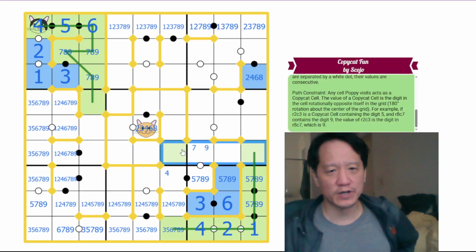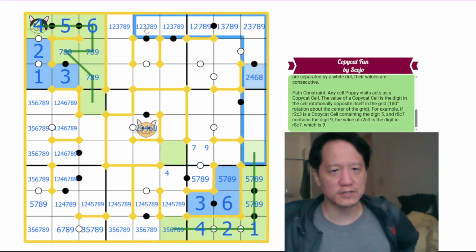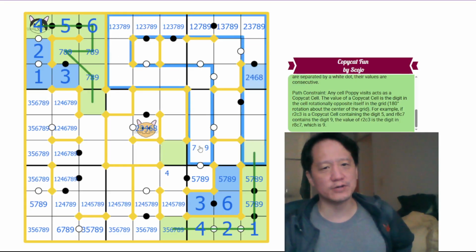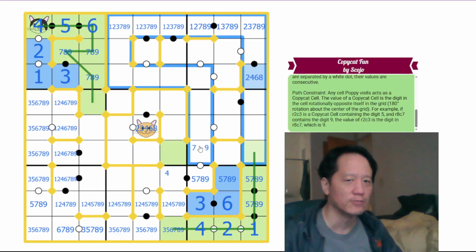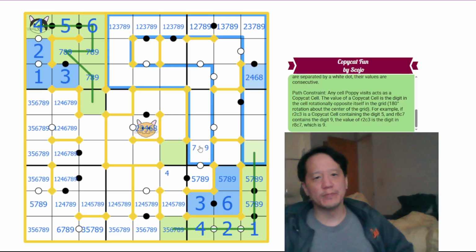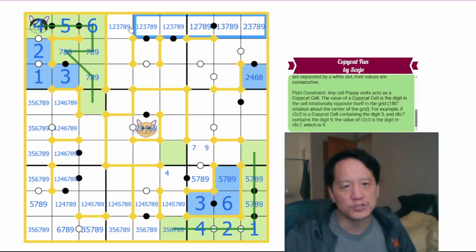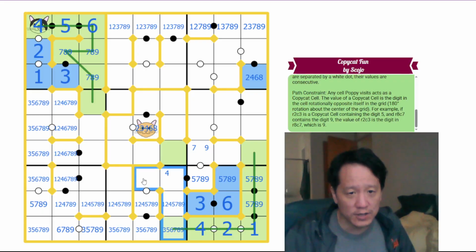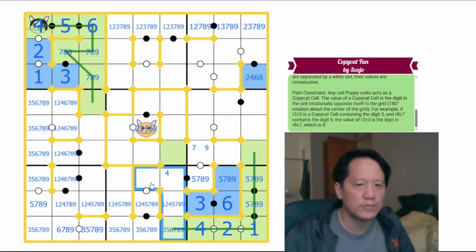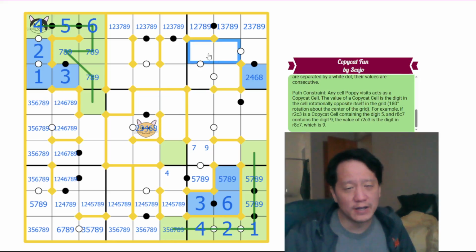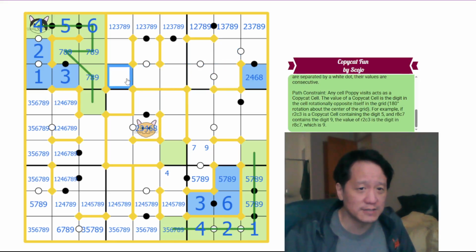If we go this way, so the problem is it could still go all the way around here, right? We don't have any real information about where Poppy's path can go in this portion. We do know if this goes here and doesn't go there, that's a problem. But that was a very long, convoluted way of showing that was a problem. Maybe I could have made a mistake there, so that's also possible.